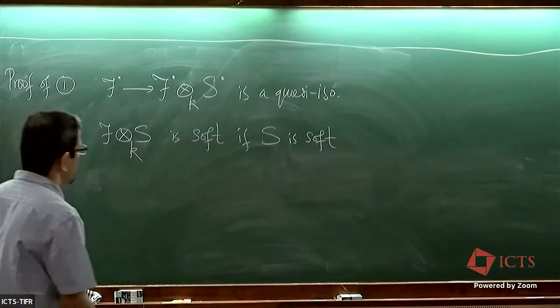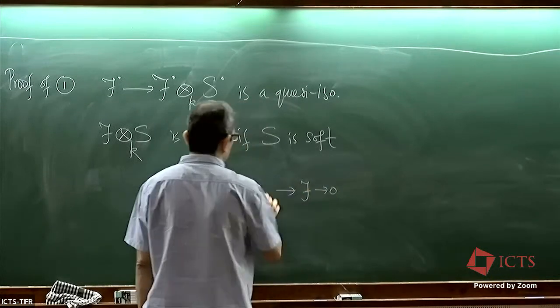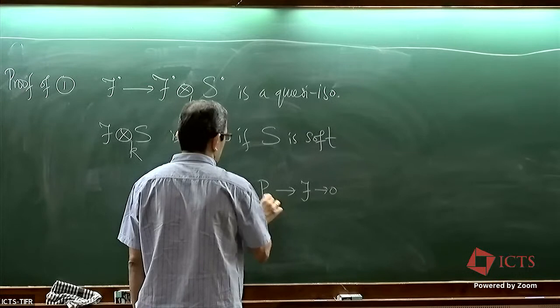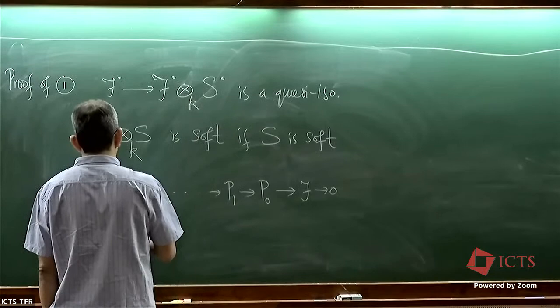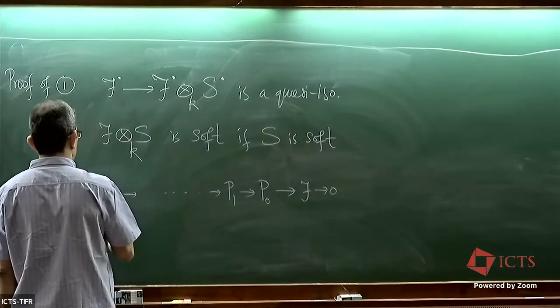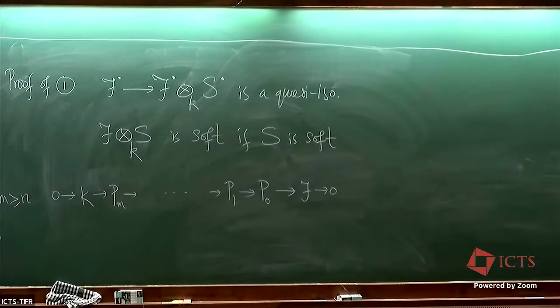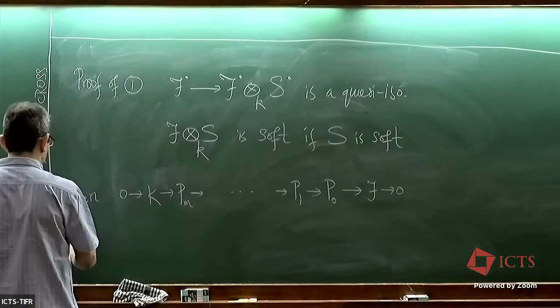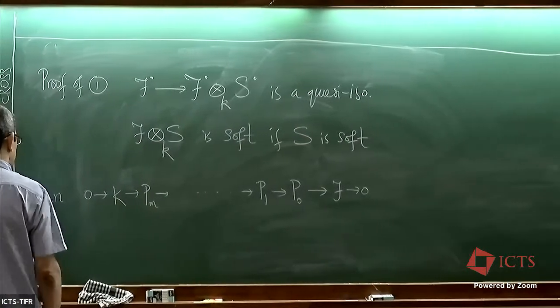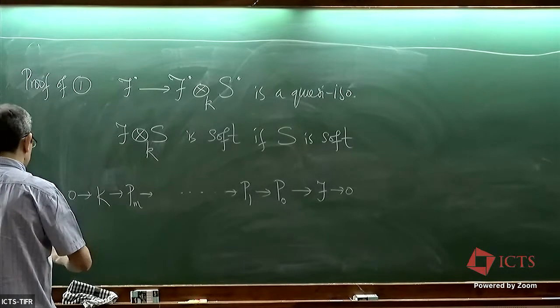So this basically is proved as follows. You take a flat resolution of F in the following way, some P_m, where m is greater than the dimension of N. And the P_i are direct sums of flat sheaves.